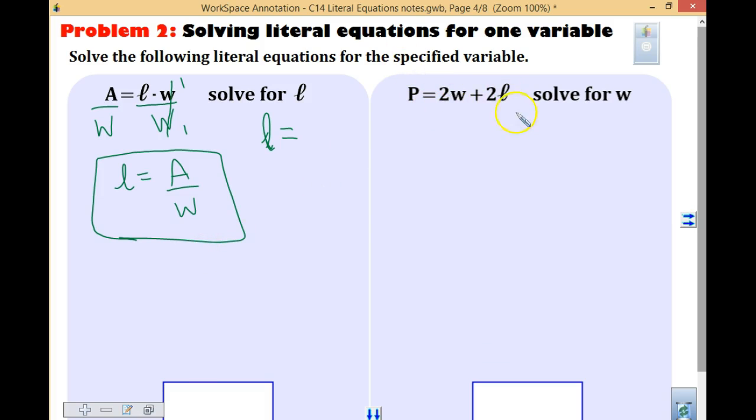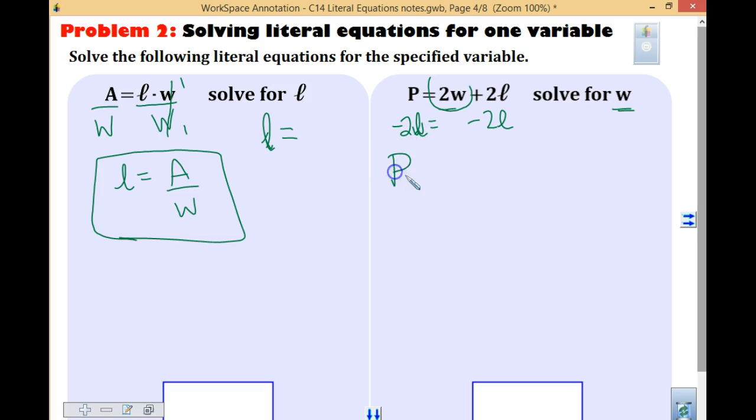But you might have one that looks like this one, and it says solve for W here. If we're solving for W, the first thing I need to do is get 2W by itself. I don't want a plus 2L. How do I get rid of a positive 2L, Levi? We're going to subtract 2L. Now, I can't subtract 2L from P, but I'm still going to put it on that side. 2L, not 2W.